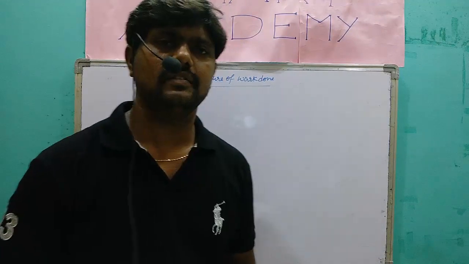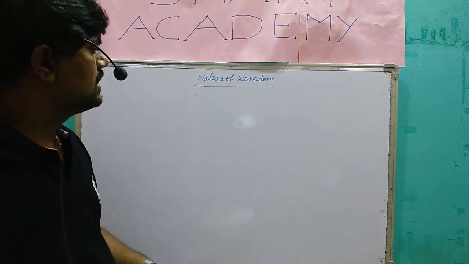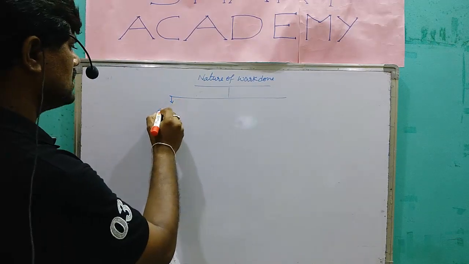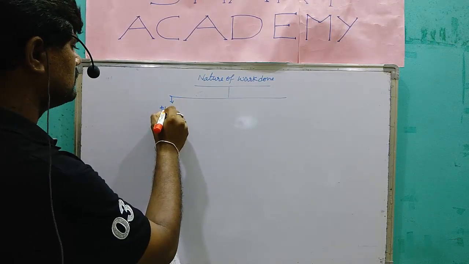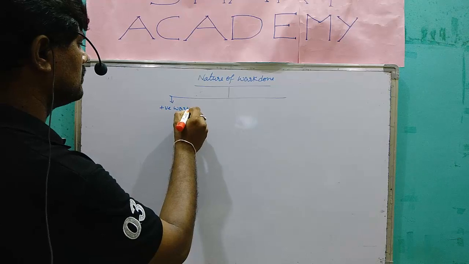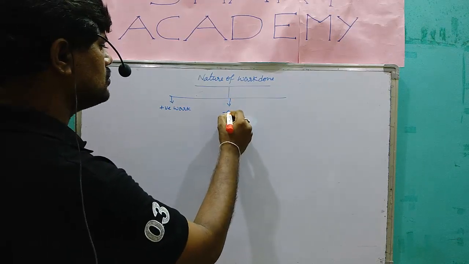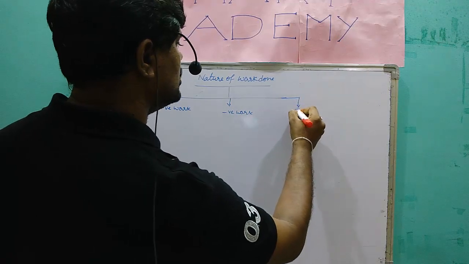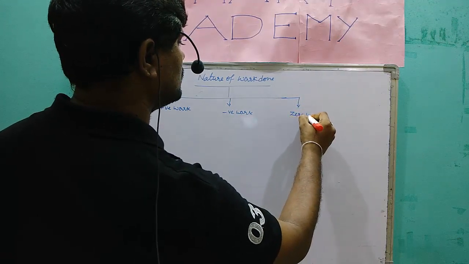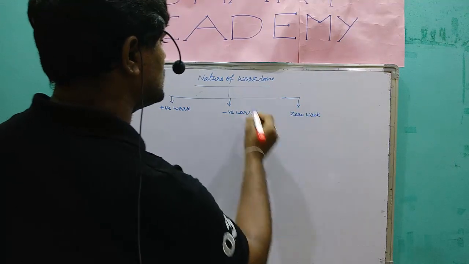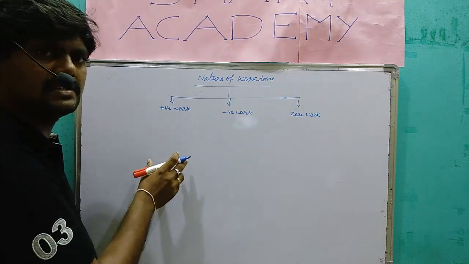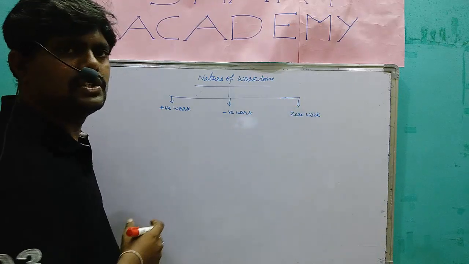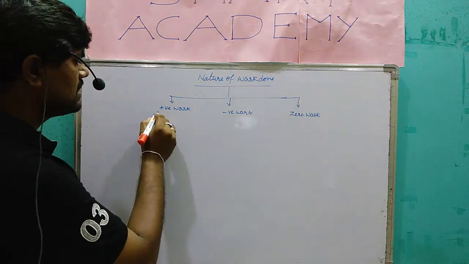Nature of work done: this work done may be classified into three types here, that is positive work, negative work and zero work.